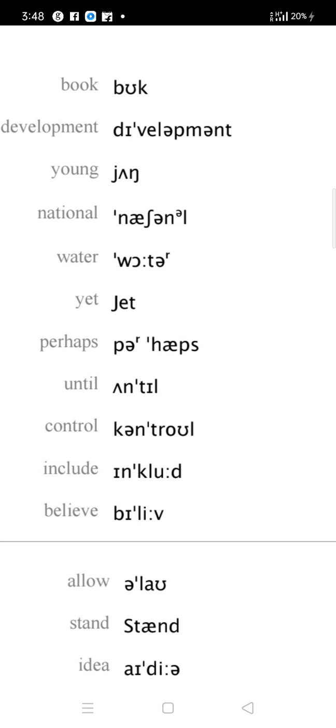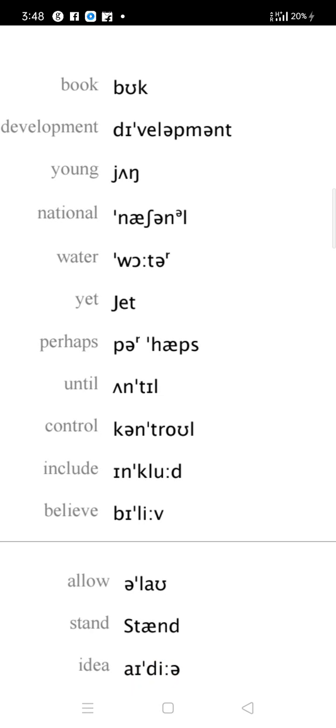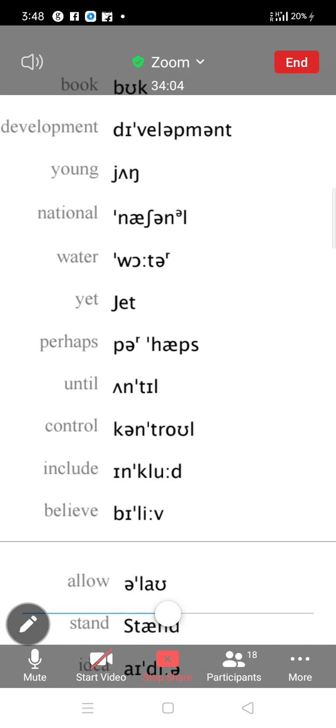The sound r is not pronounced here. Yes, very good. So there are four sounds: w, o, t, and then a diphthong. There are four sounds. Very good. Now, can you identify the sounds? Let me share the chart at first.